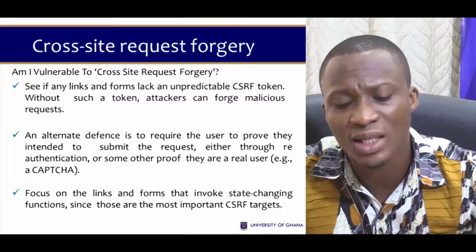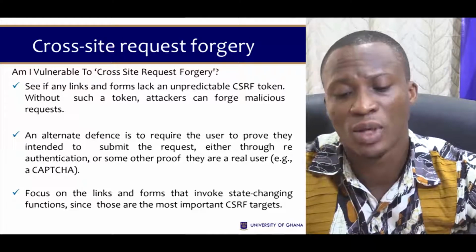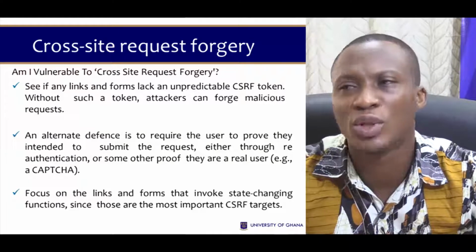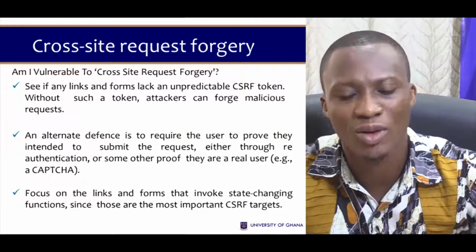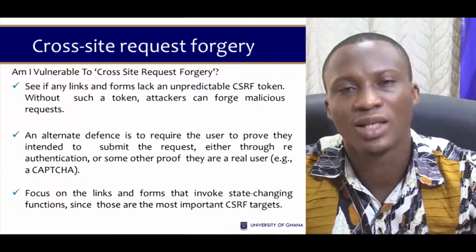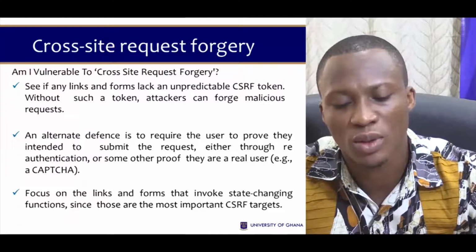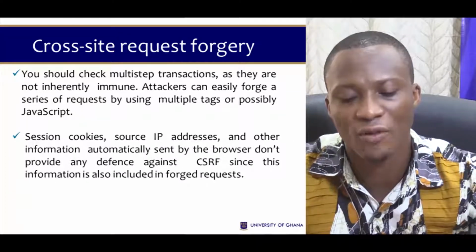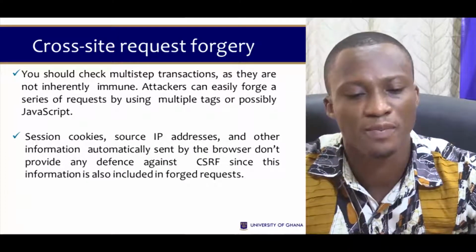Now, focus on links and forms that invoke state-changing functions, such as links that require you to change your password or your account details. Such forms need to be reconsidered carefully because they are targets for cross-site request forgery.